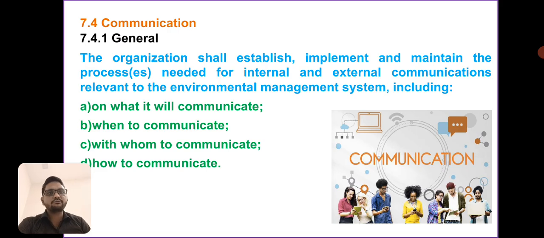Now next is subclause 7.4, that is communication. The general requirement is the organization shall establish, implement and maintain the processes needed for internal and external communication relevant to the environmental management system, that is on what it will communicate, when to communicate, with whom to communicate, and how to communicate.